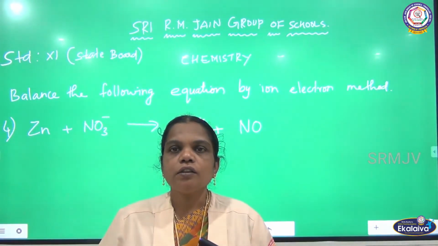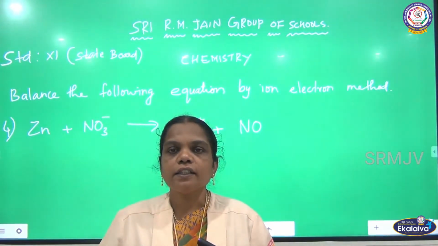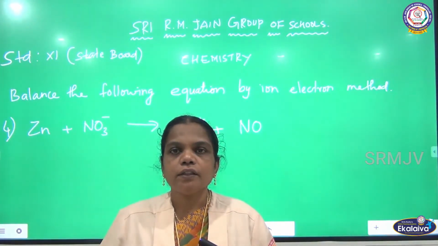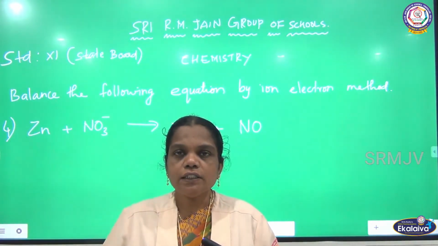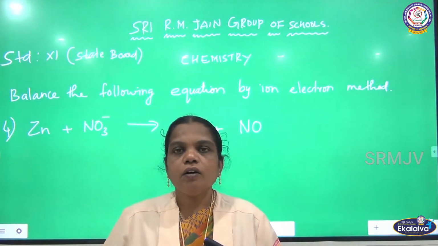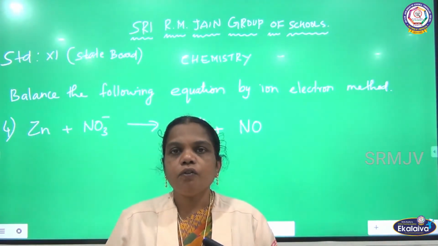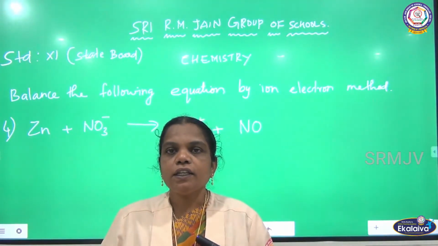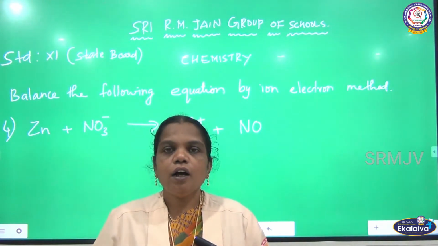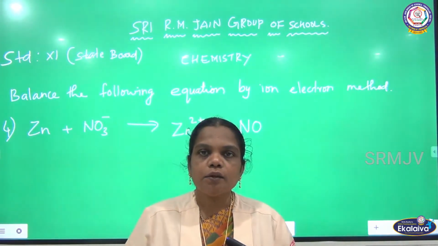Today's class we are going to learn how to balance the redox reaction by ion electron method. Already I have learned that the first step is assigning the oxidation number to all the elements involved in the reaction. After that you have to find out which one undergoes oxidation and reduction. How to find the oxidation and reduction process?